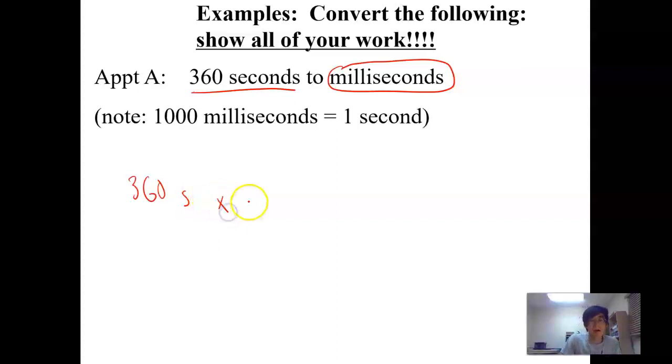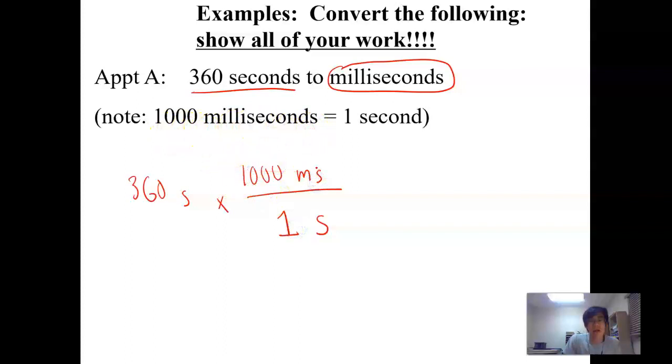I'm going to multiply it. So once again, I am going to write this equivalent statement as a conversion factor. I want to get rid of seconds, so I'm going to put it on the bottom. Seconds, right? They're going to cancel out diagonally. So I know for every 1 second, there's 1,000 milliseconds. So I'm going to write that on the top. 1,000 milliseconds.